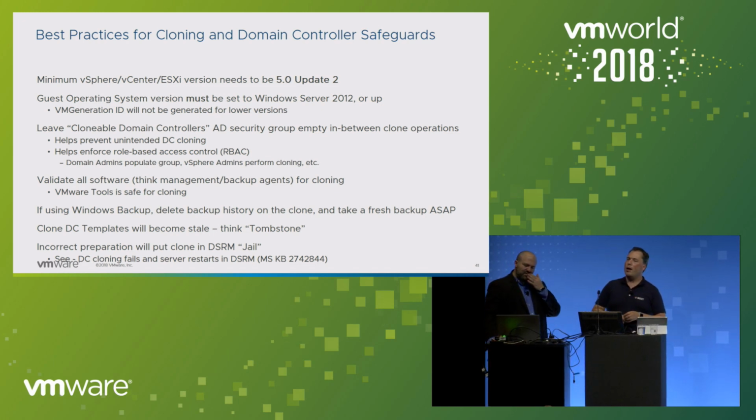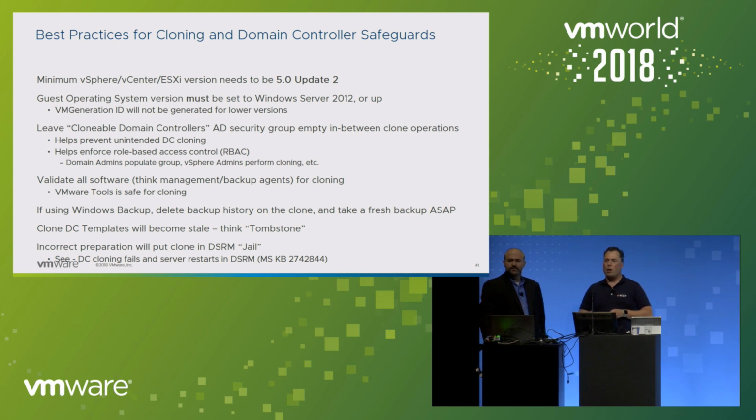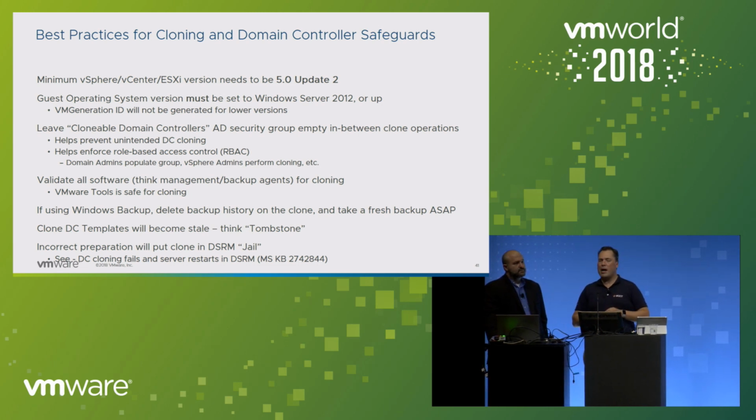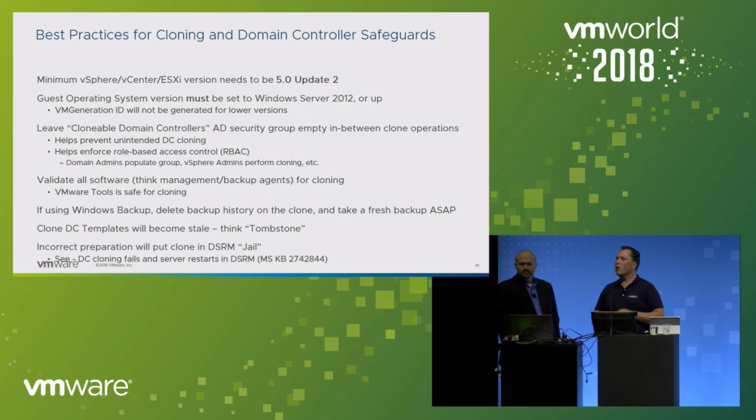And of course, validate all software. Now VMware Tools is safe to clone, but there might be some software, some agent, some program, some service on your domain controller that might not be. There's a PowerShell cmdlet that Microsoft gives you to check them. And everything that Microsoft doesn't know will be flagged for you to check.